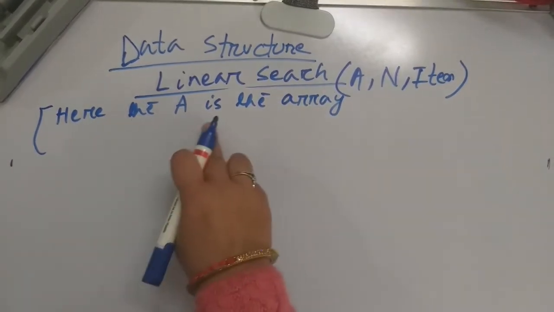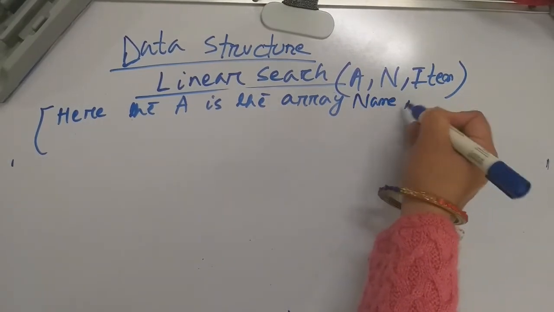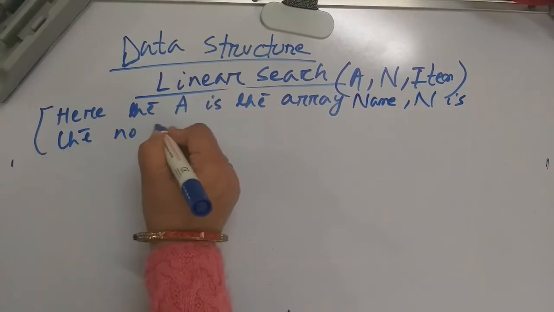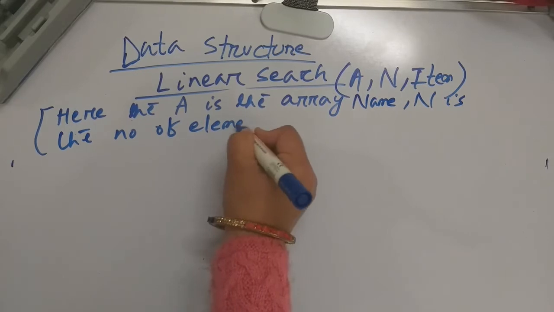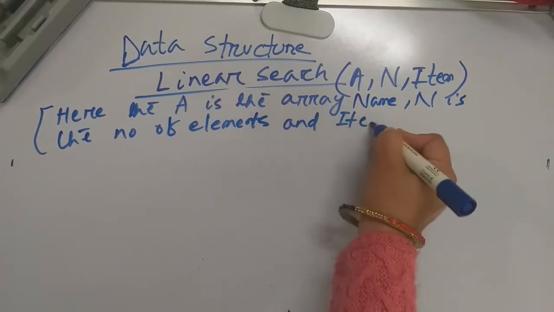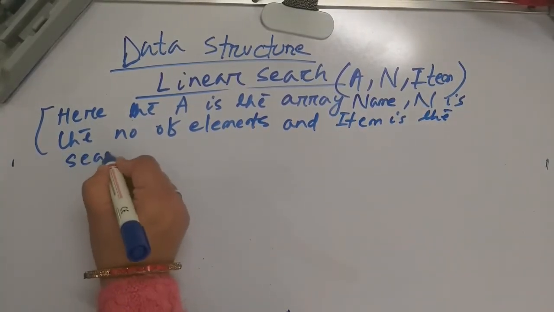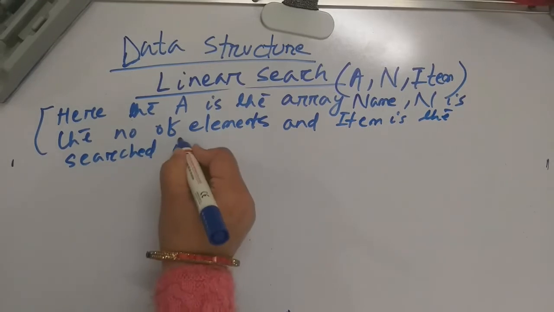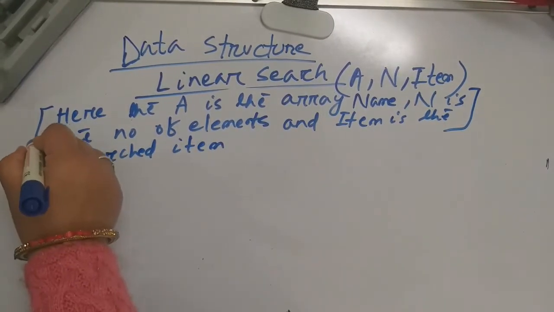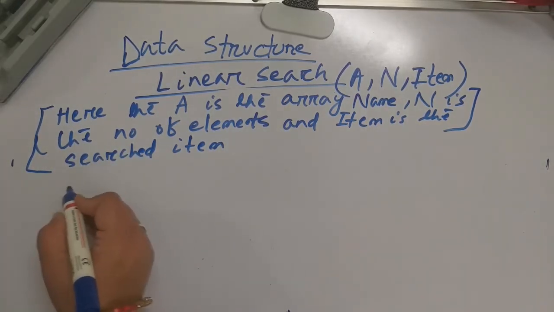Here A is the array name, N is the number of elements, and item is the searched item. Okay, all these things we write in a square bracket. Then after that we start our algorithm.